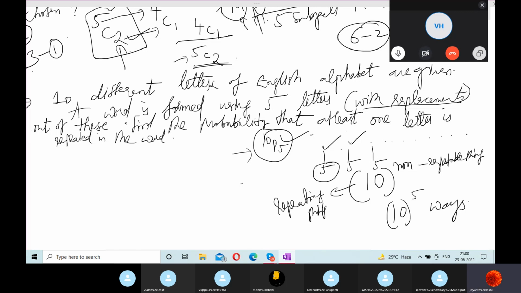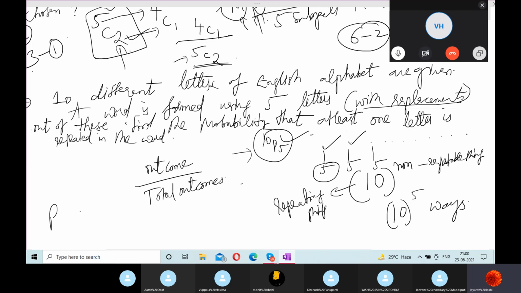Now the next problem, what they are saying, we have to see outcome by total outcomes. This is the probability formula. So let us go ahead.